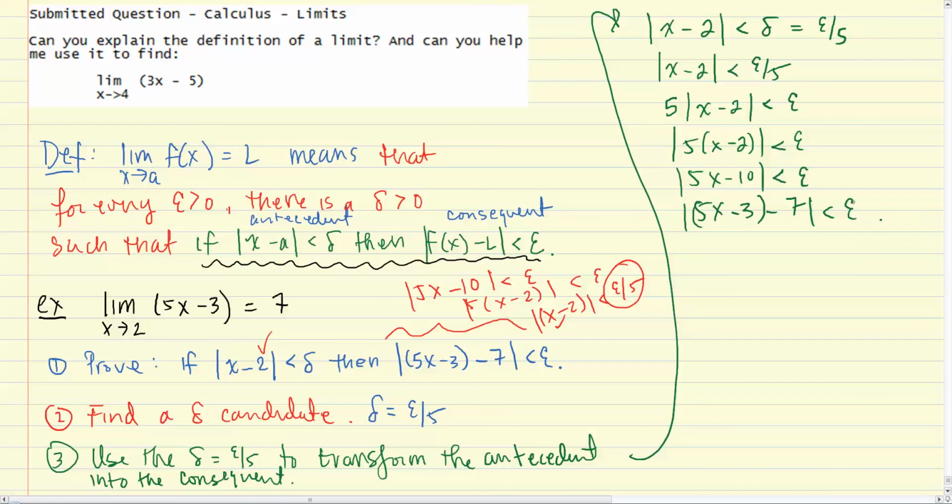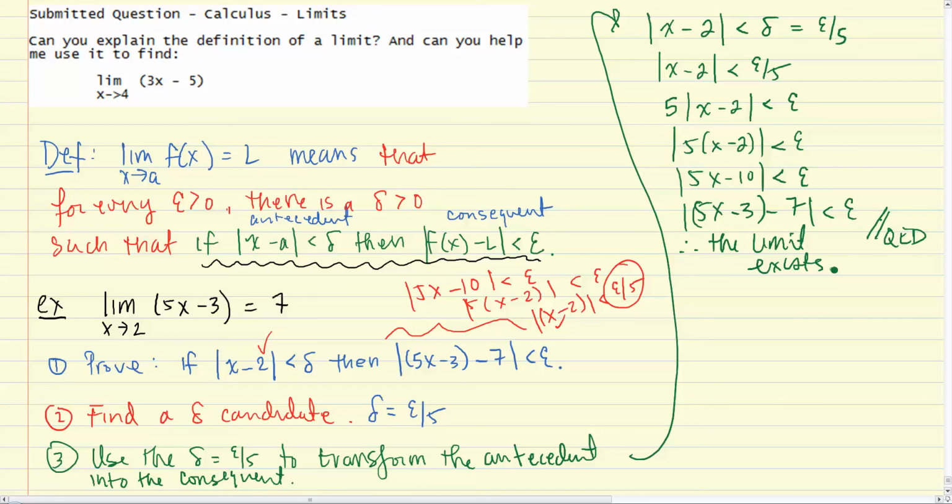And that's what we wanted to prove. Thus, the limit exists.